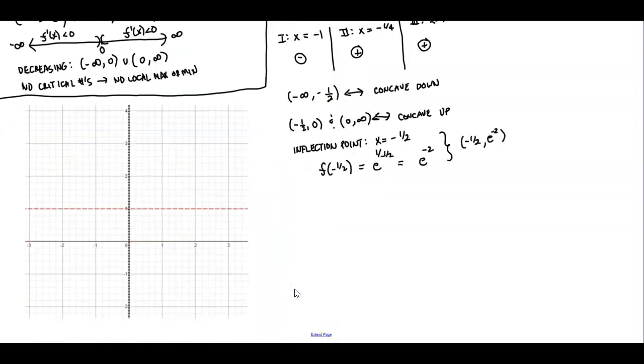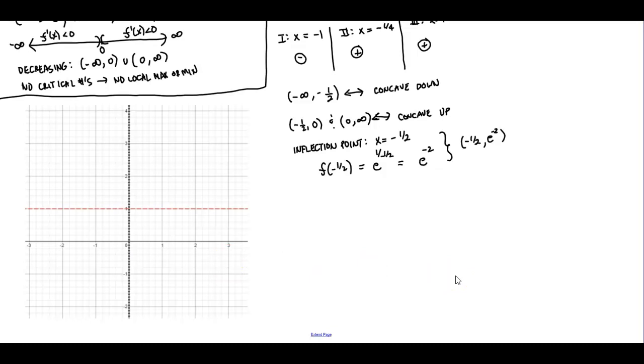So we know that to sketch the graph, we've got the horizontal and vertical asymptotes. Now, again, looking at all the parts that we talked about, the information concerning limits and the fact that the function is decreasing on both from negative infinity to 0 and from 0 to infinity.